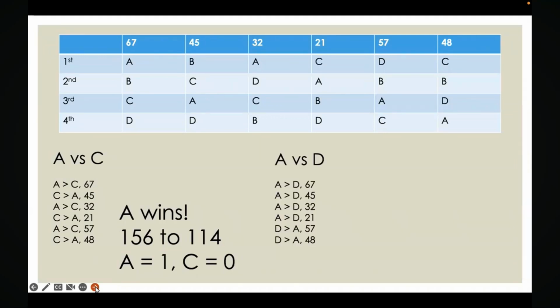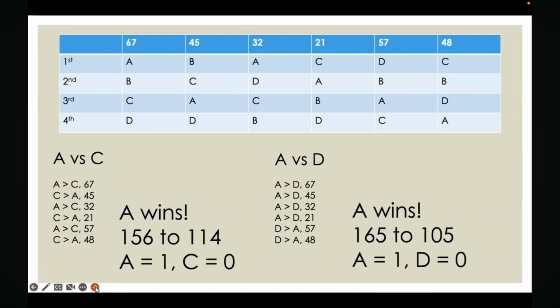Now let's do A versus D. A wins 4 head-to-heads and D gets 2 head-to-heads. And count the number of votes. A wins, 165 over 105. So A gets a point and D gets 0 points.